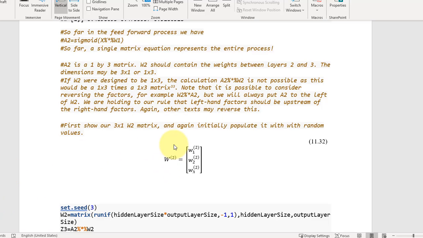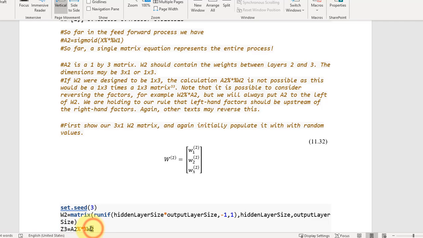So I mentioned that we're trying to have a convention that we always put A2 to the left of W2 because we have a convention that says left-hand factors should be upstream of right-hand factors. So here we have A2 upstream of W2.